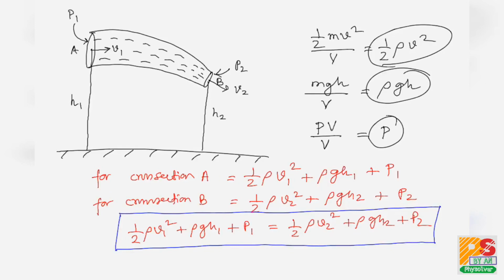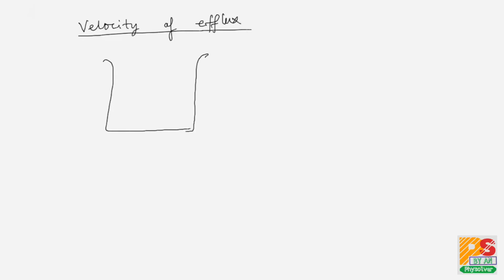Now using this, there is a special application known as Torricelli's theorem, or velocity of efflux. Let us get into that. Suppose we have a container like this, and the container is filled with some liquid.